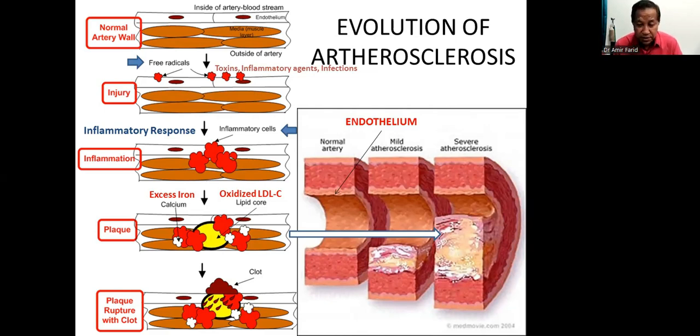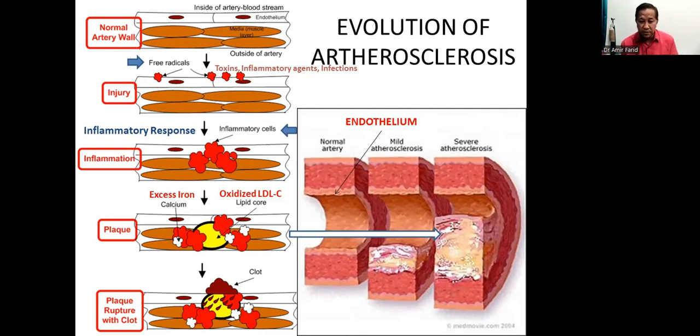The problem is usually the sudden blockage caused by the blood clot, right? When the plaque ruptures, that usually causes the sudden blockage and heart attack. So our focus here is on the endothelium. You look at the right side, endothelium is the lining, the inner lining of the blood vessel.